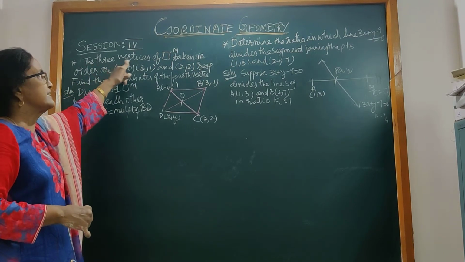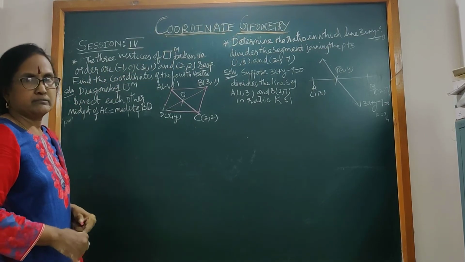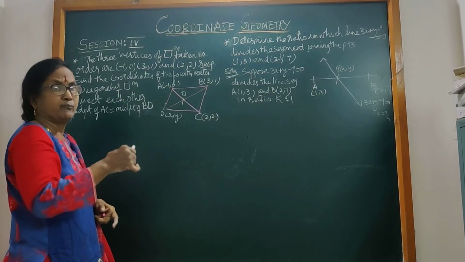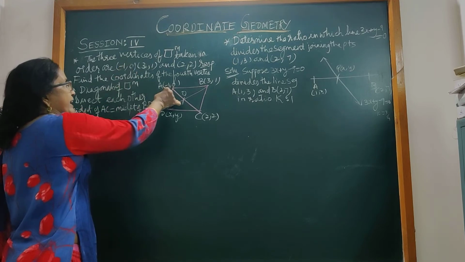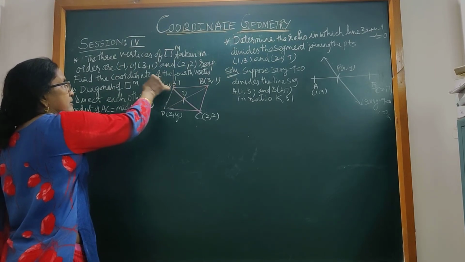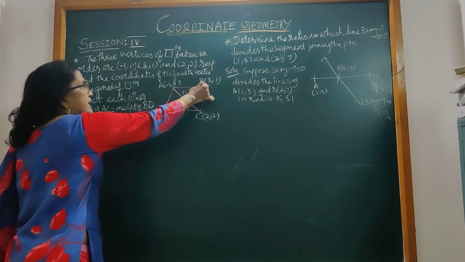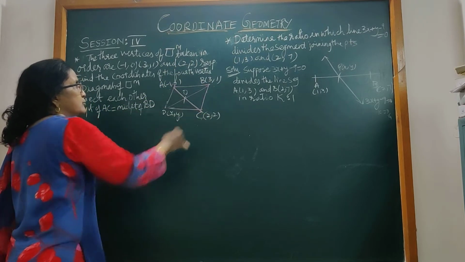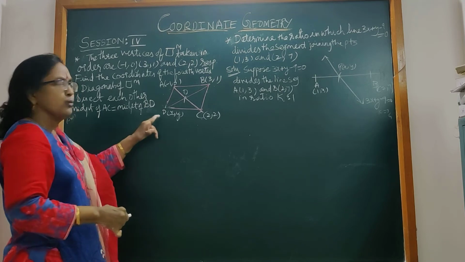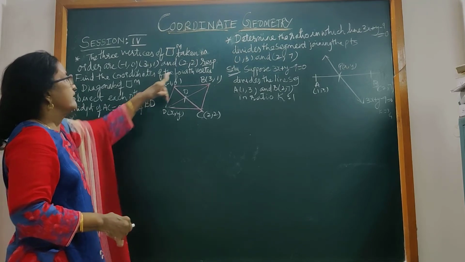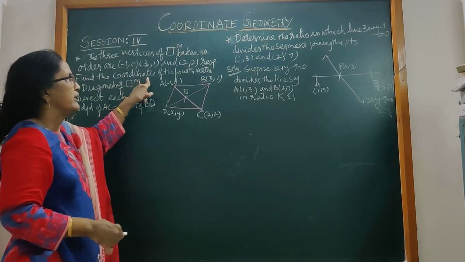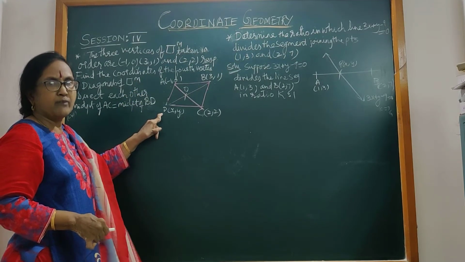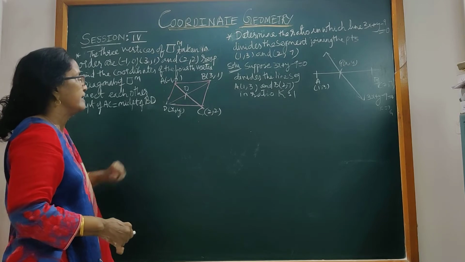The three vertices of a parallelogram, taken in order, in cyclic form: the coordinates of A are (-1, 0), B are (3, 1), and C are (2, 2). Now you don't know the coordinates of D. Find the coordinates of the fourth vertex, that is, you have to find the coordinates of D.